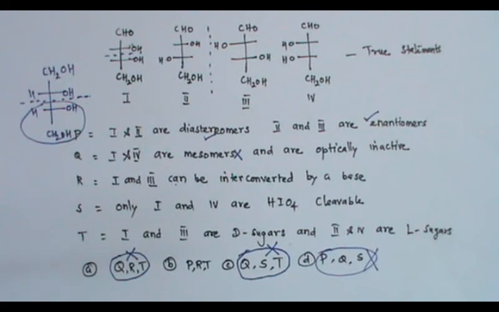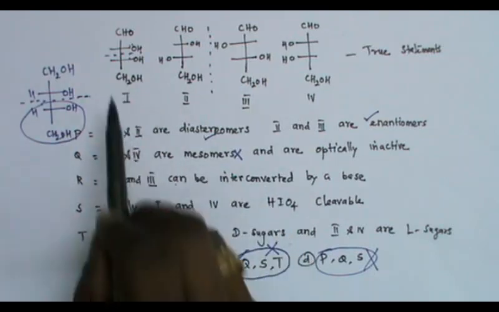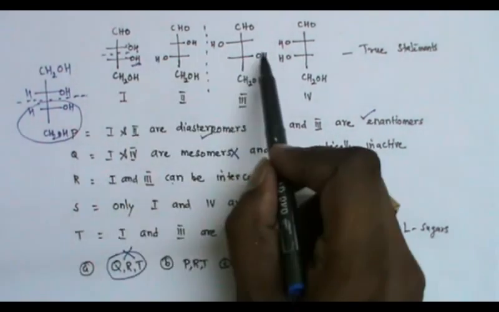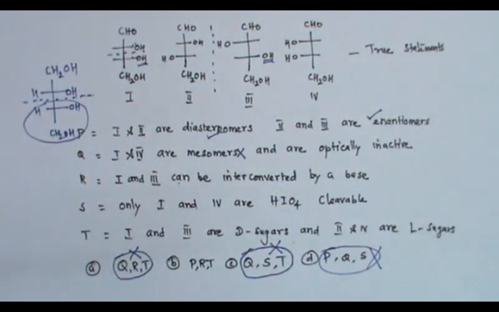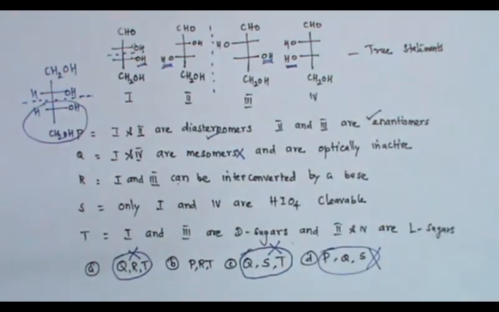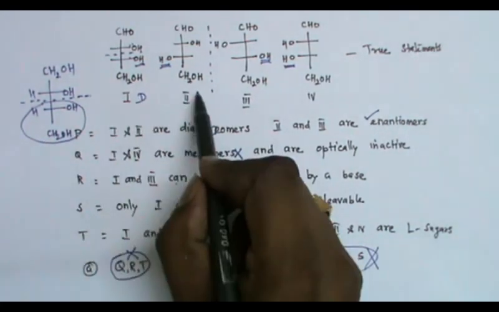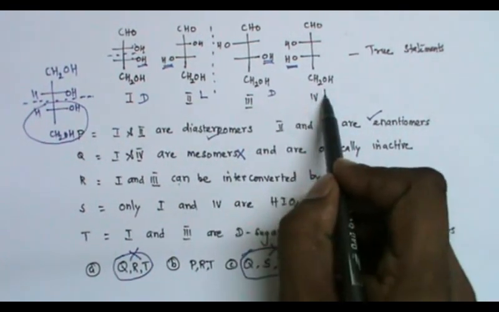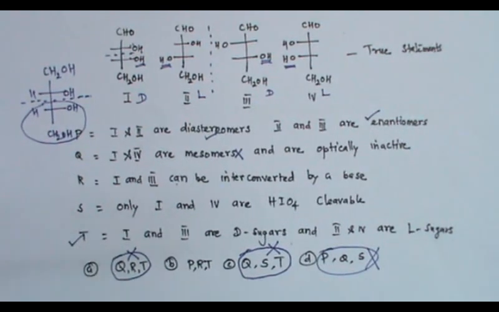If it is attached towards your left hand side, that is L sugar. You can see here, first and third, the OH is towards your right. Second and fourth, it is towards left. So this is D, L, D, L. So this statement is correct.